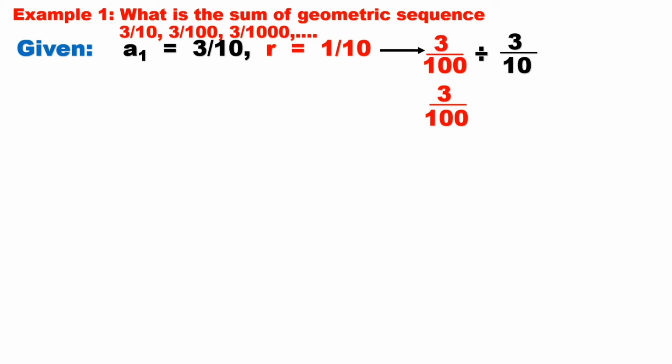To divide, copy 3 over 100. From division, proceed to multiplication. Get the reciprocal of the divisor. So 3 will become the denominator and 10 will become the numerator. Cancel 3 and cancel 10 over 100. We have 10 in the denominator. So we have 1 over 10.